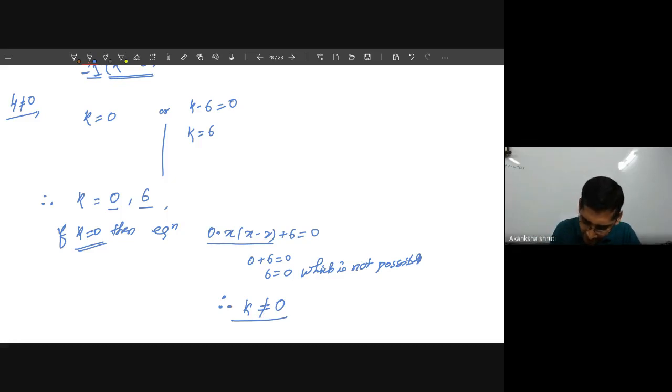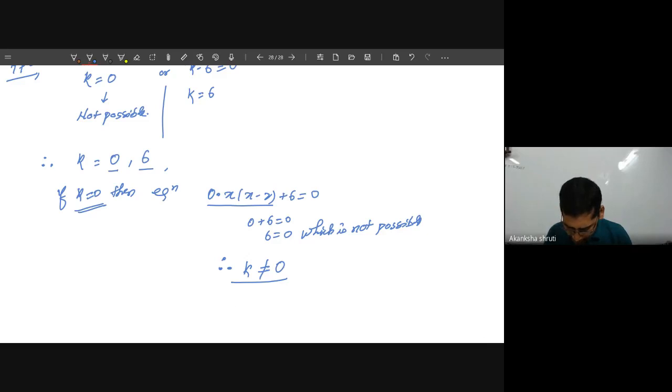That's why this is not possible. I have explained here why it is not possible. Now, if k equals 6, then you have to check whether it is a quadratic equation or not. While taking k equals 0, we get 6 equals 0. It is no longer a quadratic, so we cannot say k equals 0 is possible.